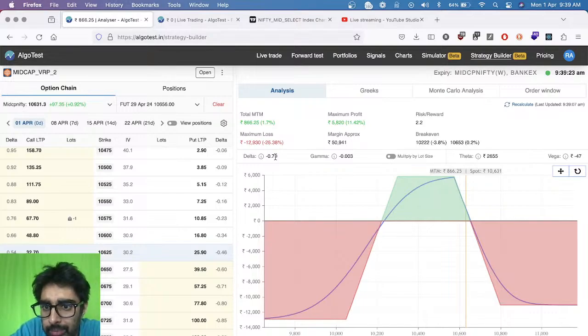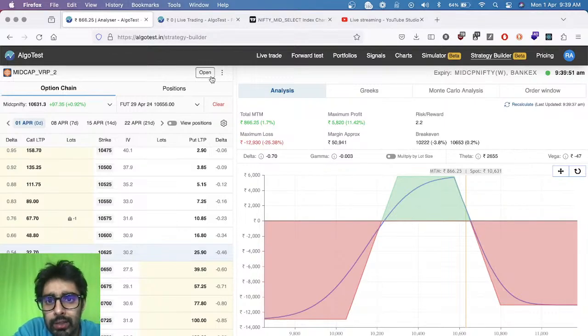I'm near my short strike. For my PNL to improve, I would want mid cap to go back down, but who knows? If I have no opinion on the market, I will probably just say there is a 50% chance that mid cap is going to go further up from here, and a 50% chance that it's going to go down from here.